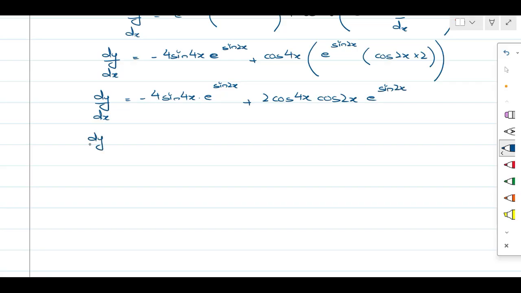Simplifying further, we can take the exponential common. e to the power sine 2x is in both terms, so let me take it common, and we have minus 4 sine 4x plus 2 cos 2x cos 4x left.